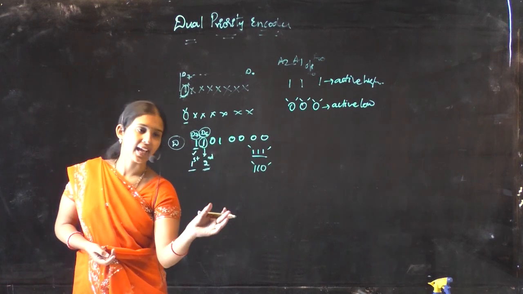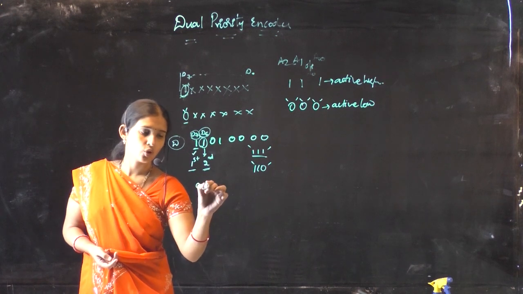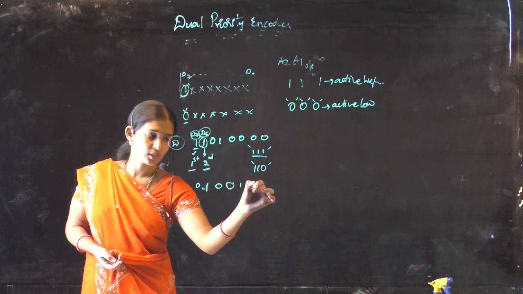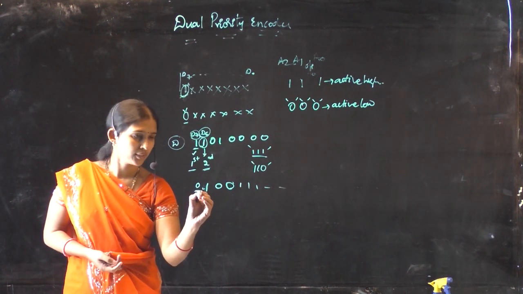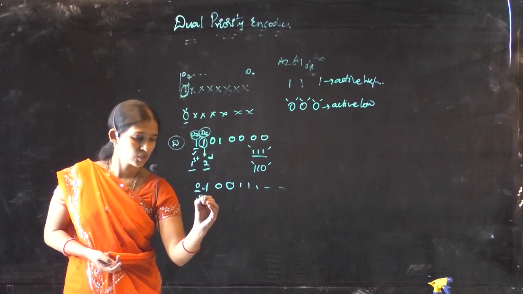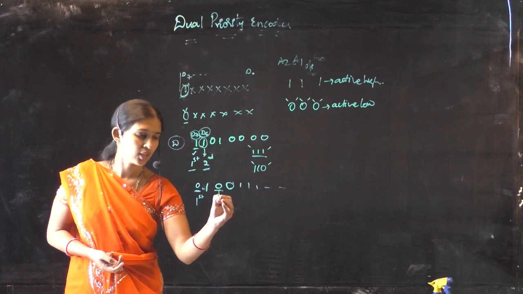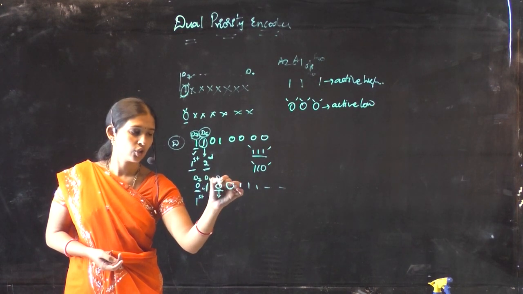If it is active low, the outputs would be like 0, 0, 0 and 0, 1, 0, something like this. It will again check for the next highest priority. Suppose we have D7, D6, D5 in active low.